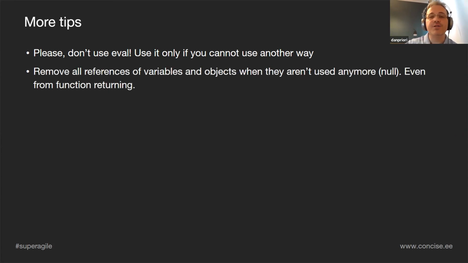Remove all references of variables and objects when they are not used anymore. You can use null to remove the reference. Remember, in JavaScript, if you set an object or a property equal to null, you will not delete that object. For objects and arrays mainly, you will not remove the object, you will just clear that reference.